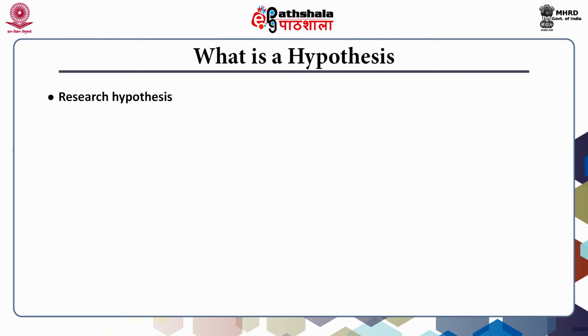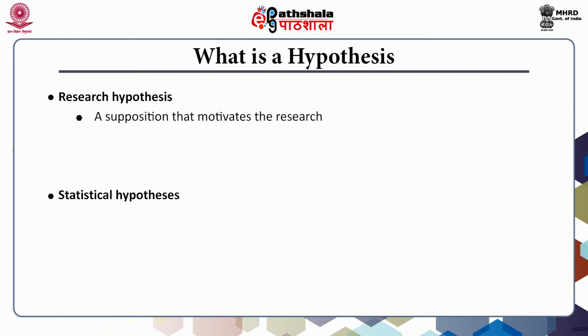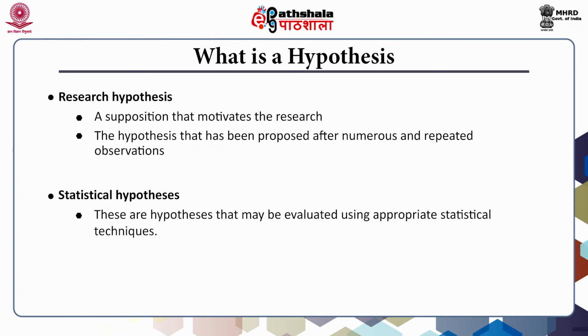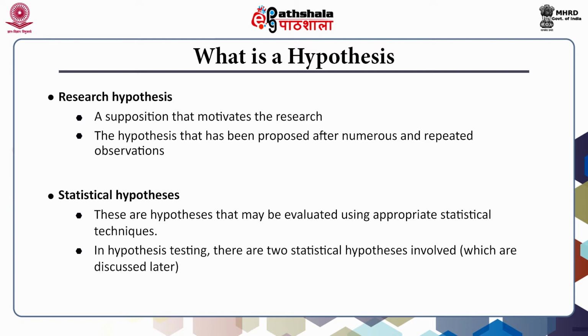Research hypothesis is a supposition that motivates the research, the hypothesis that has been proposed after numerous and repeated observations. On the other hand, statistical hypotheses are hypotheses that may be evaluated using appropriate statistical techniques. In hypothesis testing, there are two statistical hypotheses involved which we have discussed further in this lecture.